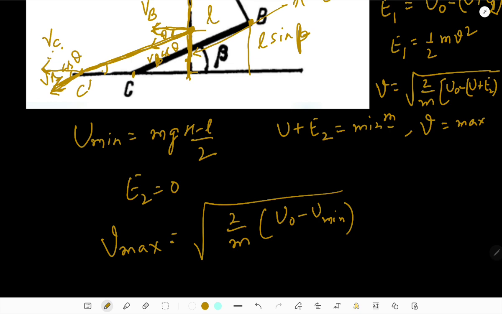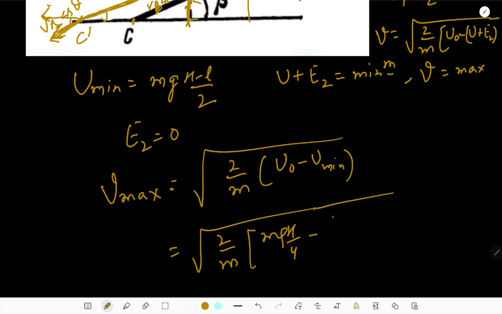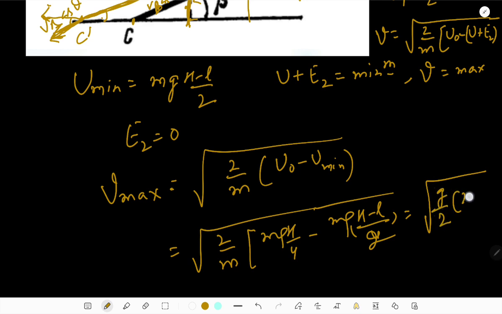So it will become 2 by m times (u naught, which was simply mgh by 4, minus u minimum, which is mg(h minus l)/2). That's it. And if you try, you will get your velocity simply as square root of g by 2 times (2l minus h), and that is the maximum velocity obtained by this stick. And that's all. Thank you very much.